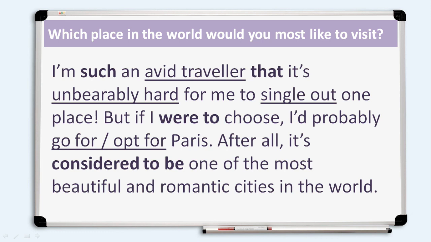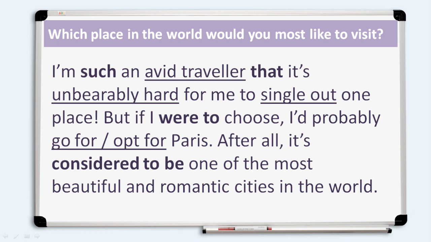So I gave a more complex answer by pointing out how much I love traveling. And this allowed me to use the second conditional, if I were to, I would, some emphasis like such that, as well as some good phrasal verbs, which are all synonyms for choose: single out, go for, opt for.